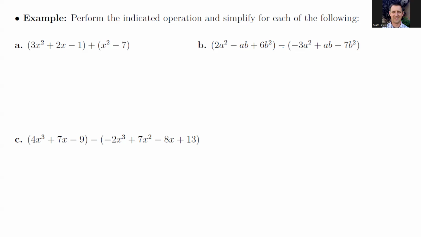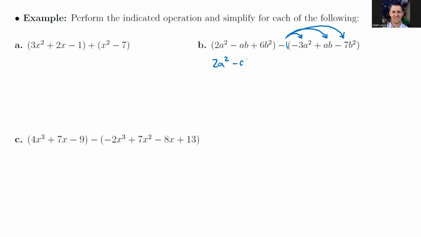Now, at first, that might seem kind of awkward. What do I mean by distribute the minus sign? Well, remember, you can always just shimmy a little 1 in here. So you can think of it as distributing -1 through to each term, in other words, multiplying each term by -1.